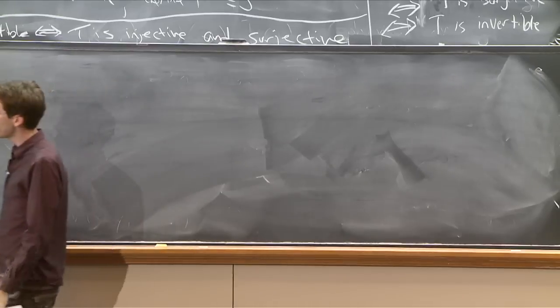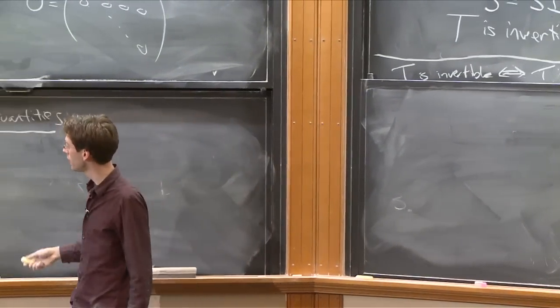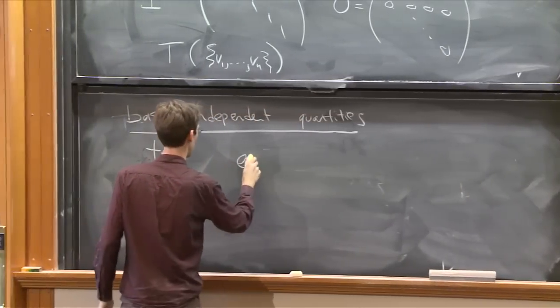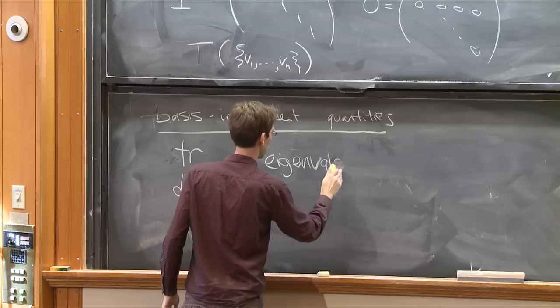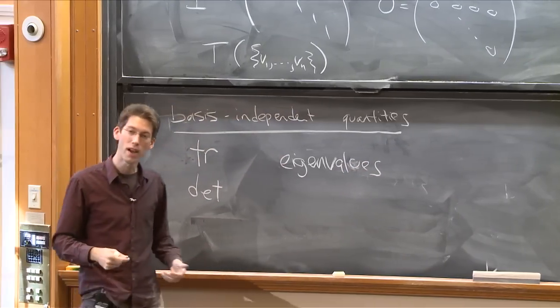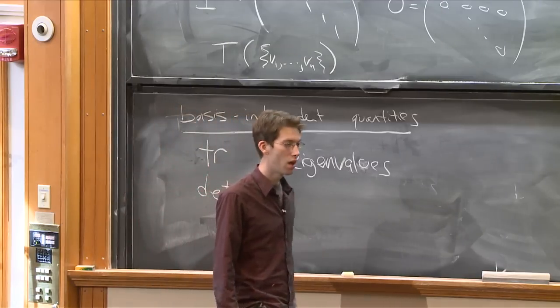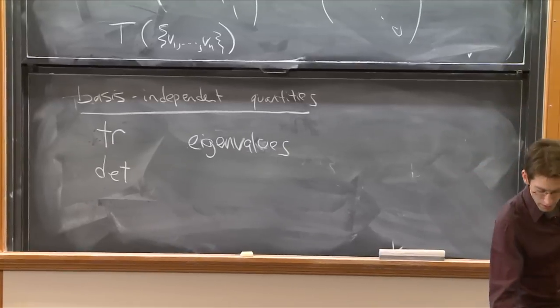So eigenvalues, I guess these are basis independent quantities. Another important basis independent property of a matrix is its eigenvalue eigenvector structure.